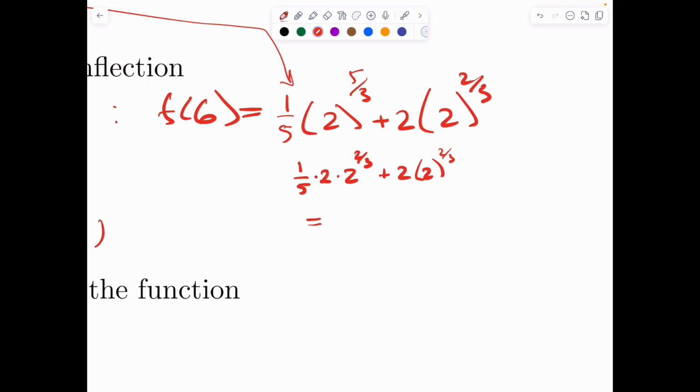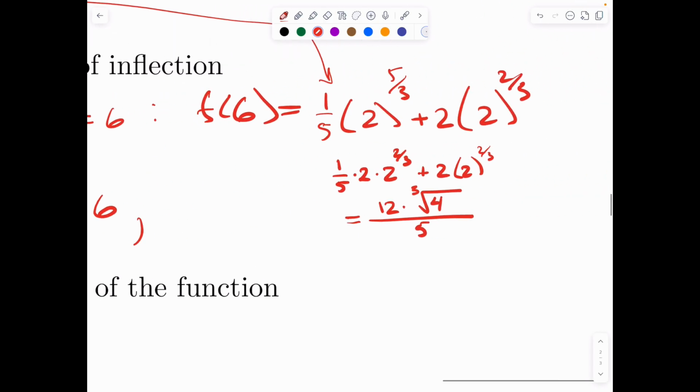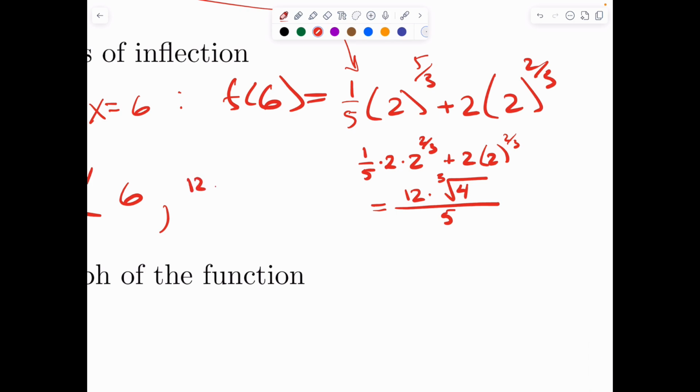So this is going to be 6/12 times the cube root of 4, all over 5. How's that? So that's going to be the y value.